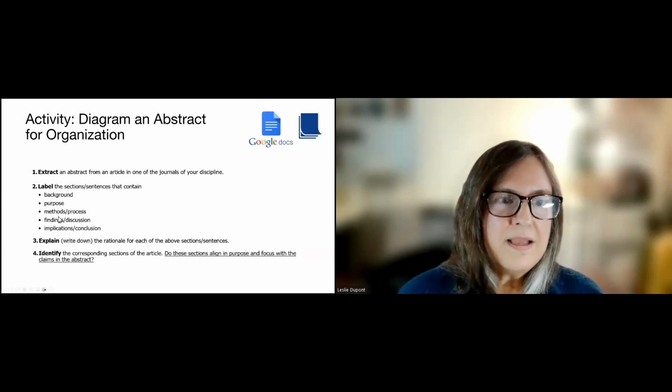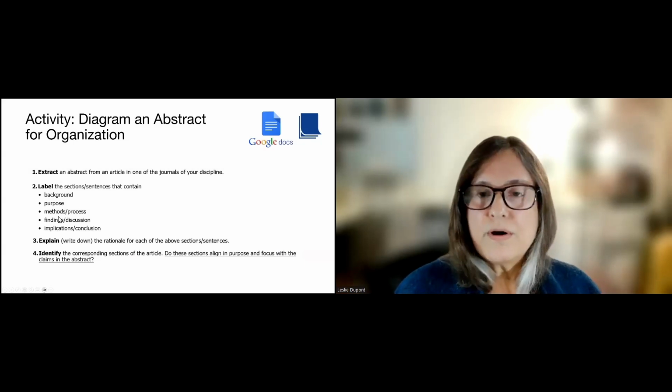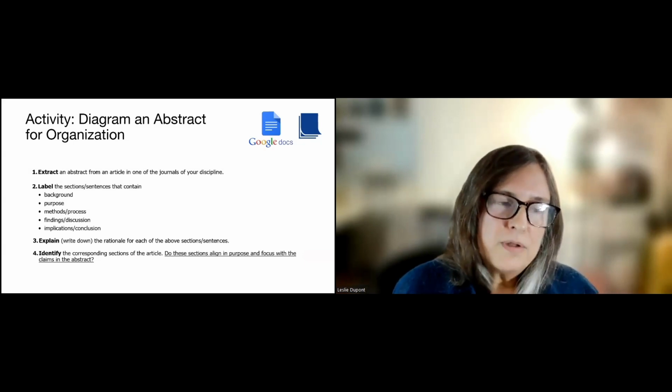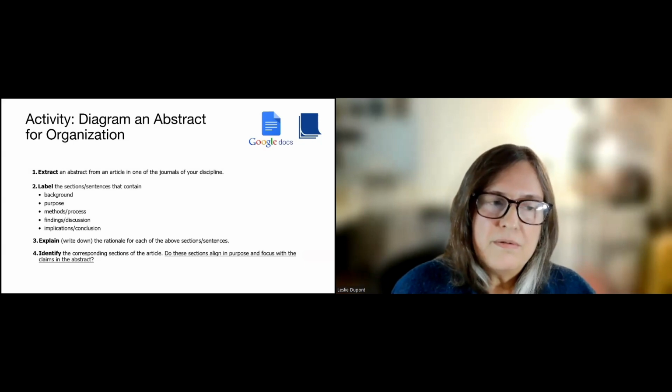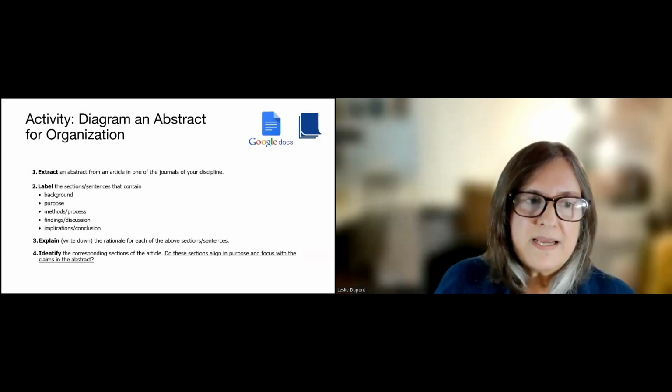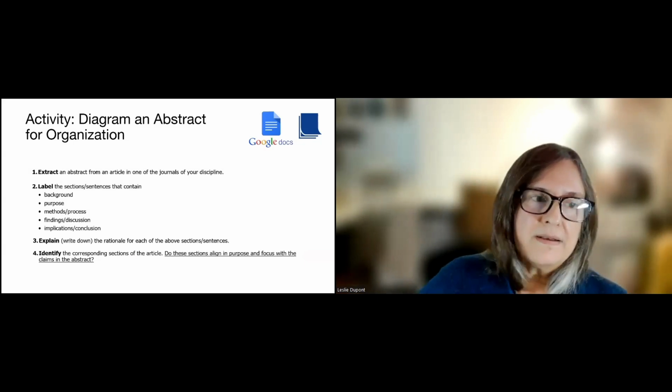So you can look at the same article, or if you have a different article that you pulled, you can pull an abstract from the article, and then label the sections in the same way as best you can.